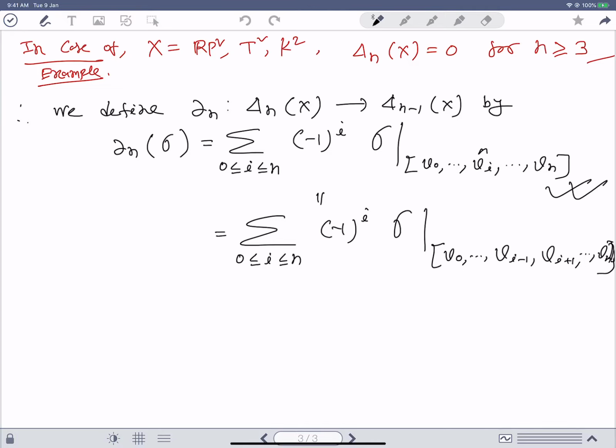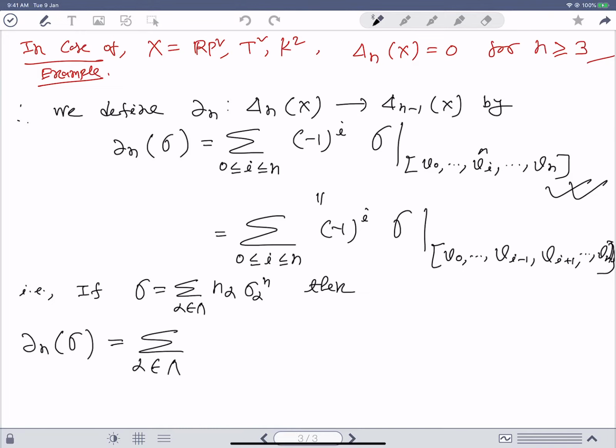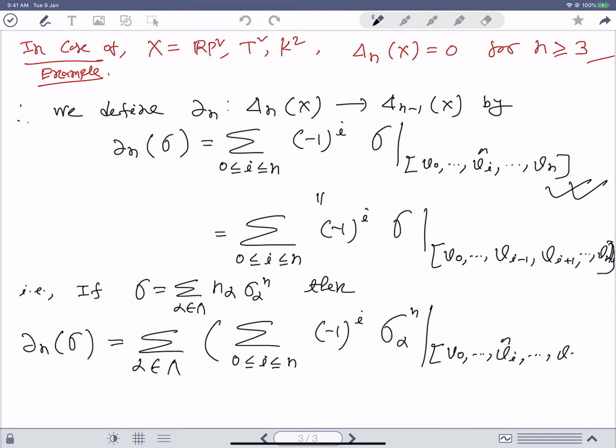So in other words, if sigma equals a sum over alpha belonging to some index set Lambda of n_alpha sigma_alpha, then partial_n of sigma will be the summation over alpha belonging to Lambda, and then take the sum over i less than or equal to n of (-1) to the power i times sigma_alpha restricted over the vertex set [v0, ..., v_i-hat, ..., vn].